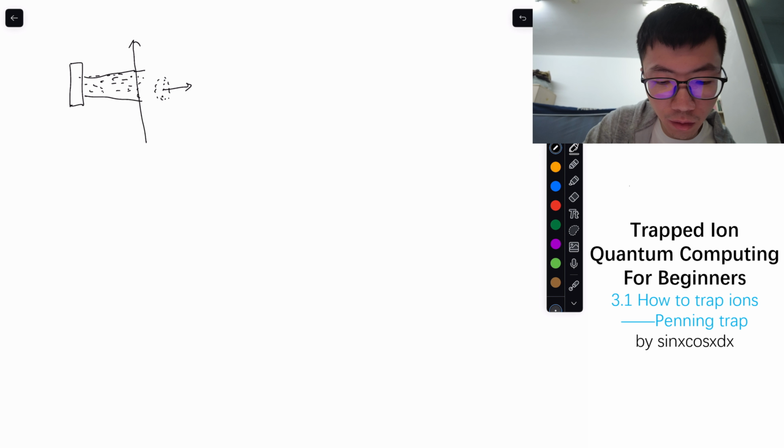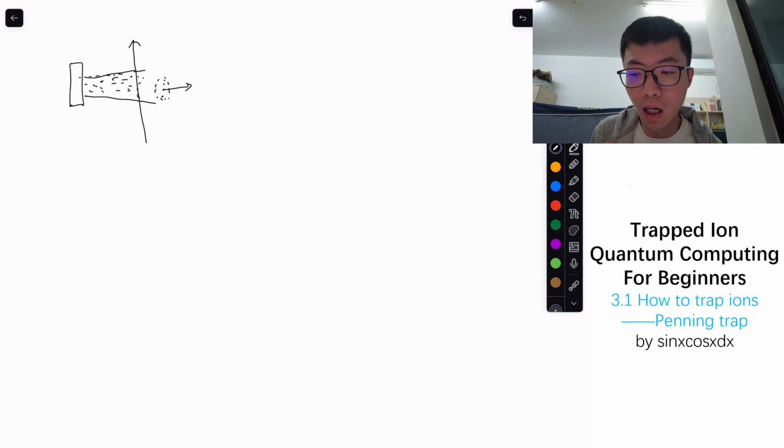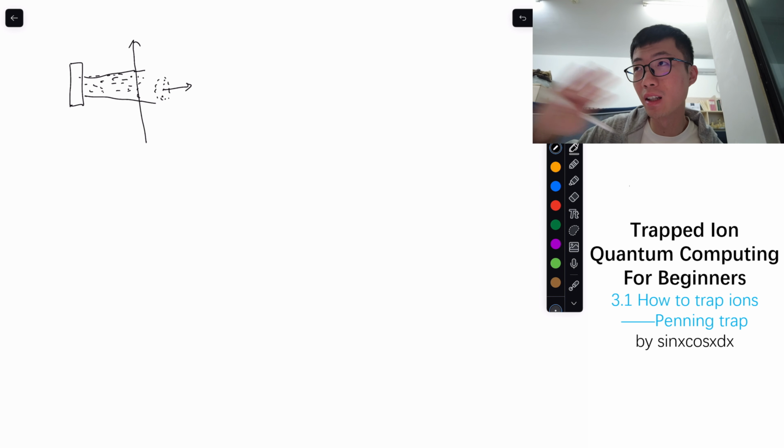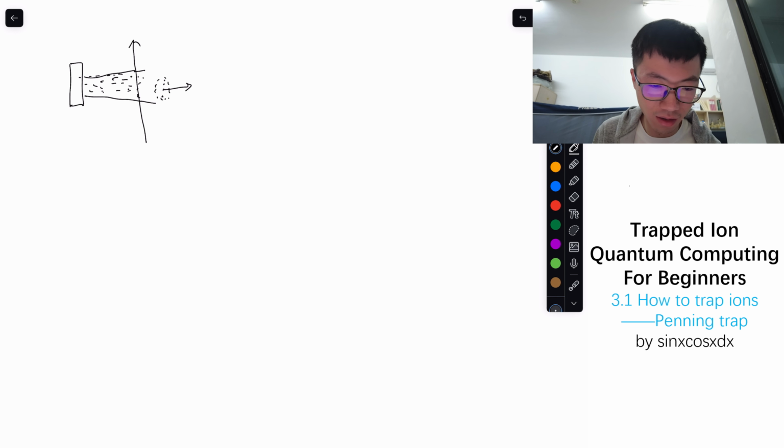And then if we just have a cloud of ions moving towards the same direction, we cannot use the ions for quantum computing because they are moving and then they just hit the wall. Yep, they just fly in free space and hit the wall. The time is very short and we cannot do operations.